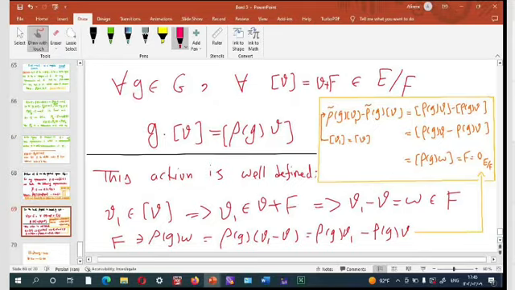If V1 belongs to this class, V1 this left coset, then the subtraction of V1 and V must be an element of F, so that this W must belong to F, because the representation is invariant on F, since this is an element of F, rho of g of F. But this is equal to rho of g of V, and this is equal to this by this equality.